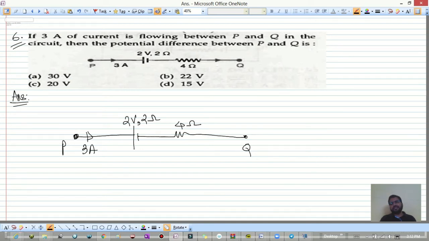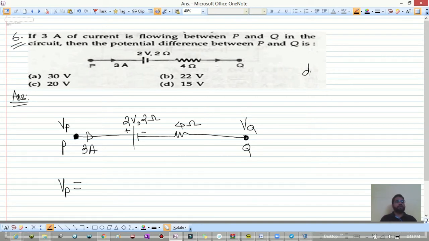So you can start from point P and you can end at point Q right now. Let us consider the potential at point P is Vp, and the potential at Q is Vq. So potential difference, that is Vp minus Vq we want. Now this is plus, this is minus. We are going from positive towards negative, that means dropping the potential.